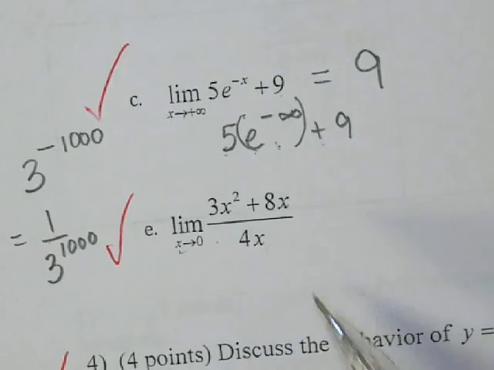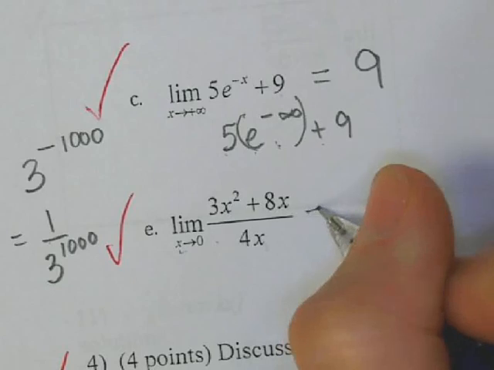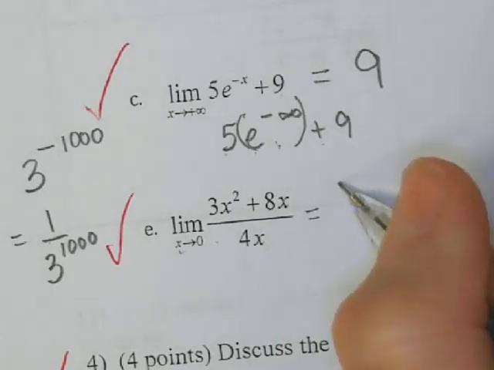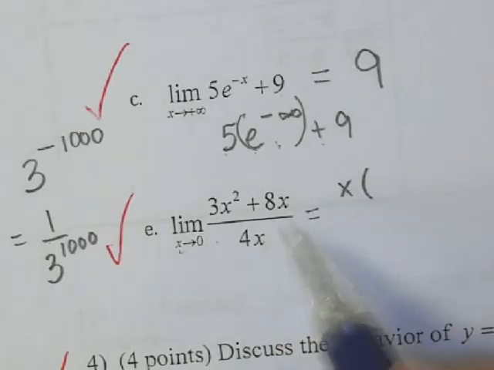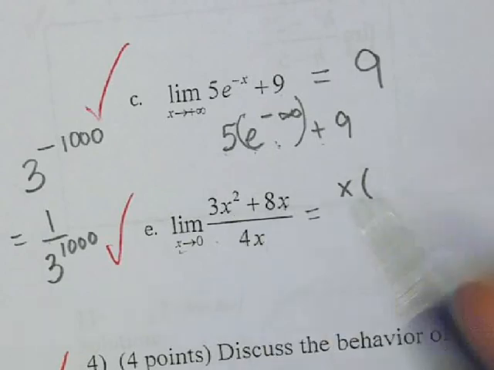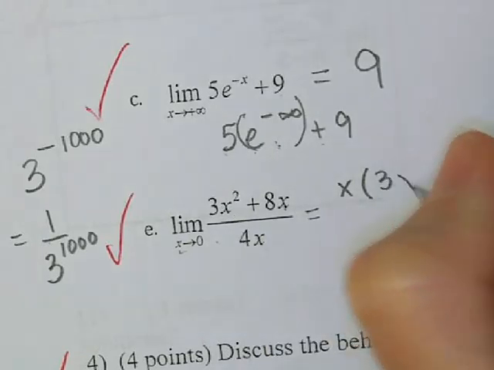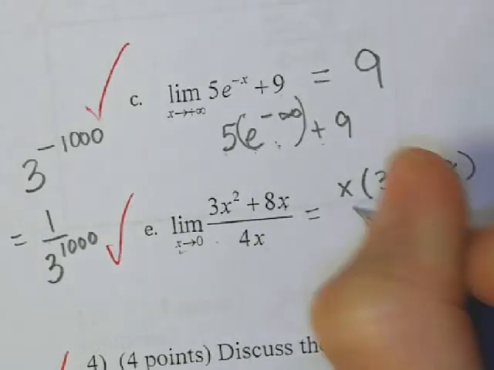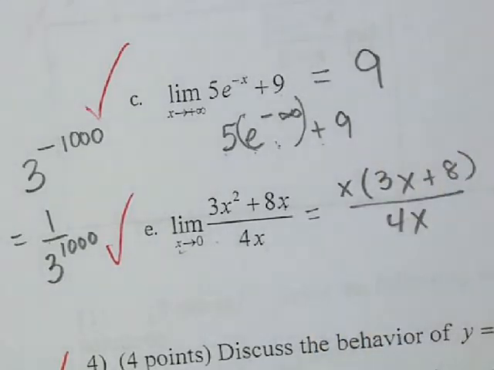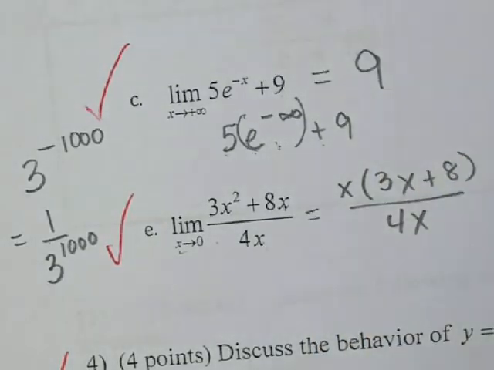But since I'm trying to do this without a calculator, I'm going to go ahead and factor out the x's. On top, both of these terms have an x, so I'm going to factor out an x, and I'm left with 3x plus 8 over 4x. Now I can reduce, x divided by x is equal to 1, so that goes away. So I'm left with 3x plus 8 over 4.